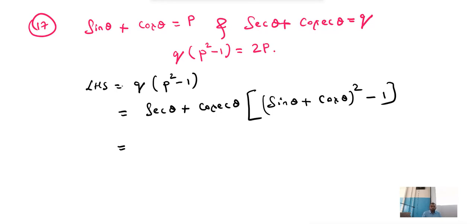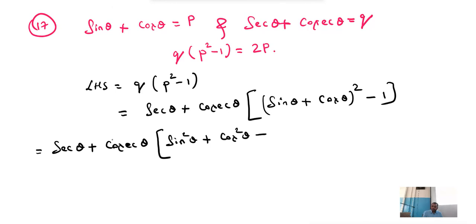Now let me simplify. Before simplification, first let us extract everything, the whole thing once, and convert it into standard form later. That is equal to (secant theta plus cosecant theta) into, open the bracket, it's in the form of (a plus b) whole square, a square plus b square plus 2ab, minus 1.